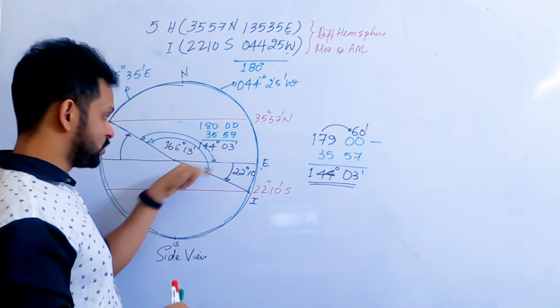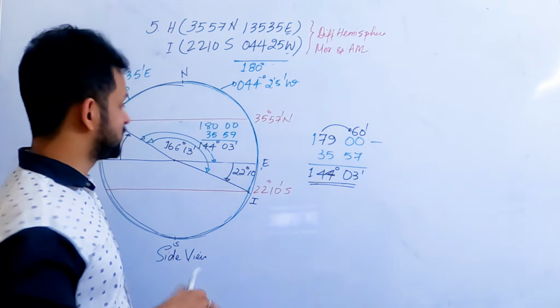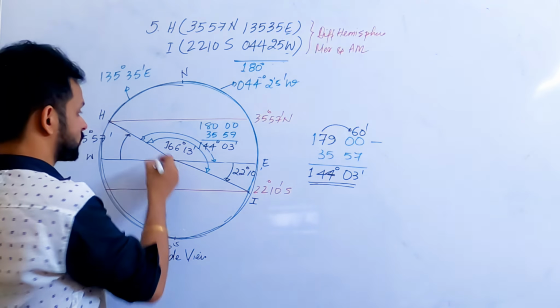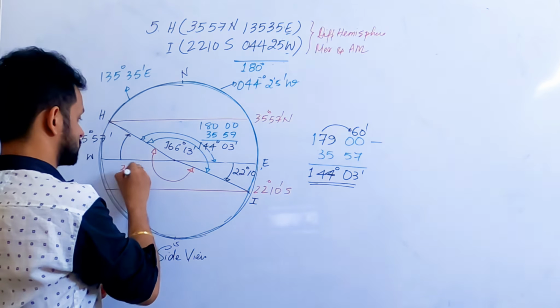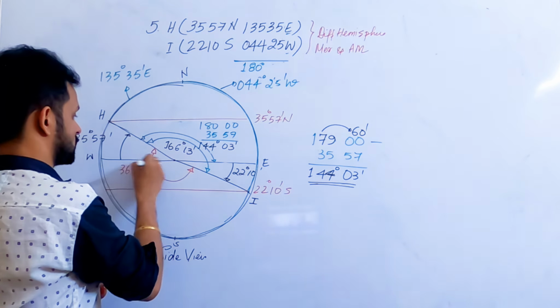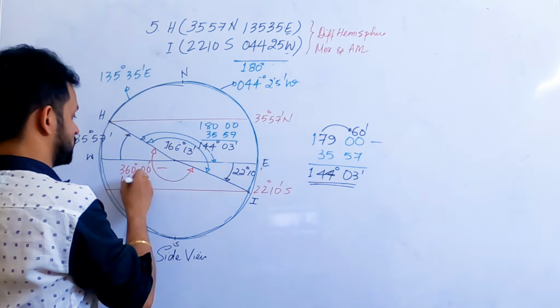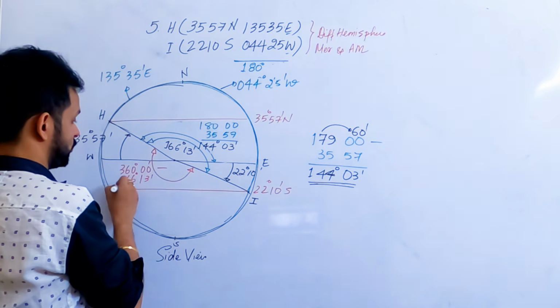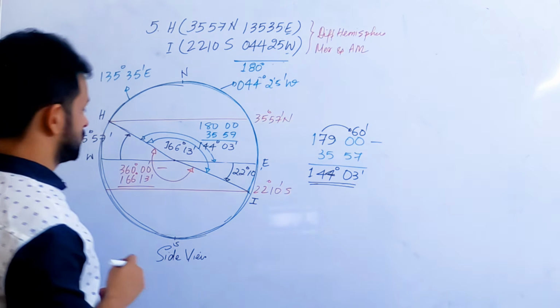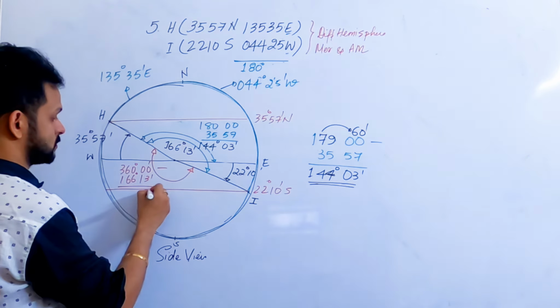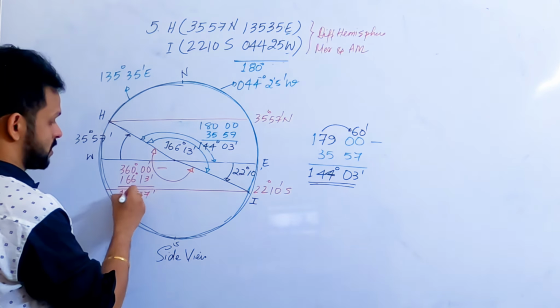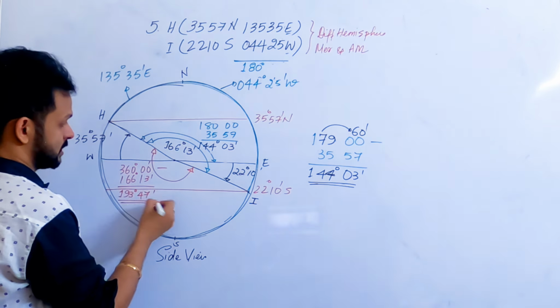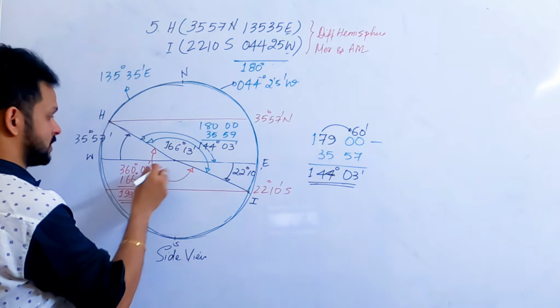Since we know that the complete circle is 360 degrees, what is going to be this other angle? 360 degrees minus 166 degrees 13 minutes. You can use your calculator here. That's 193 degrees 47 minutes.